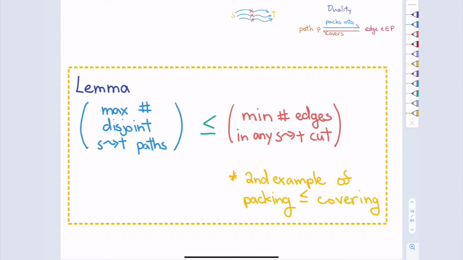First was the inequality, that the number of paths you can take is at most the number of edges in any ST cut, and this one was much more straightforward to prove. Quite simply, any edge in your cut can only cover one path at a time, because the paths are edge disjoint.